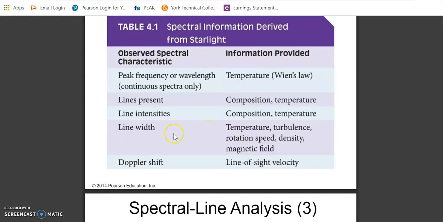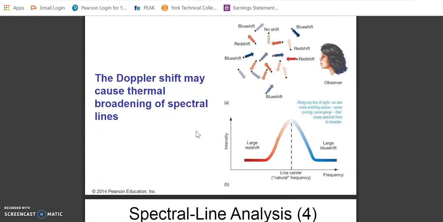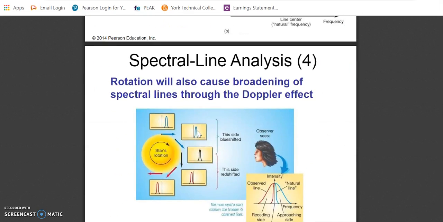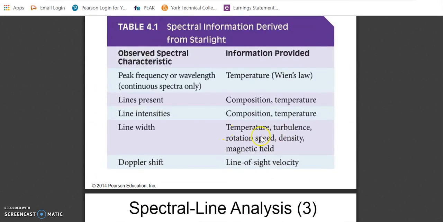All right, so when the lines widen, however much they widen, and we're going to look at that down here, how much the lines widen can tell you something about whether there's turbulence. I know I mentioned this in the last video. It can tell you about turbulence, the rotational speed of the actual atoms or molecules, the density, and sometimes you can actually measure the magnetic field, and that's a quantum mechanical effect.